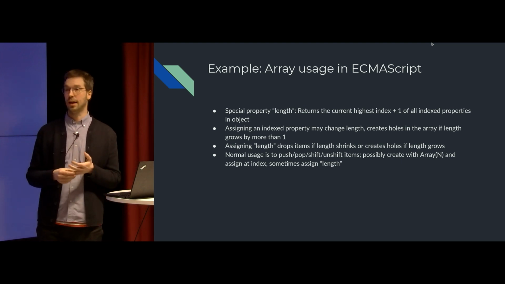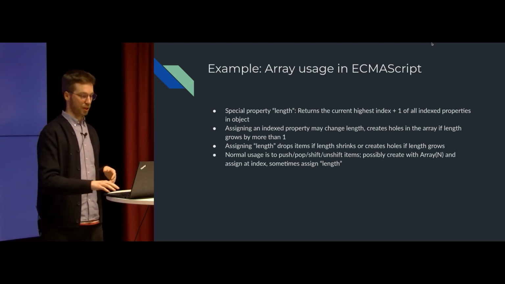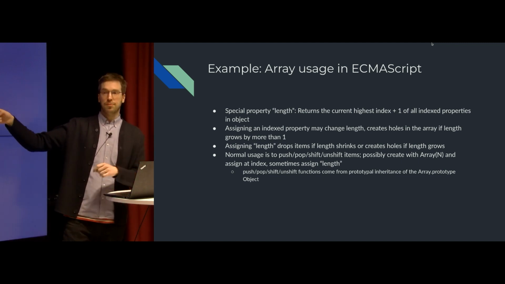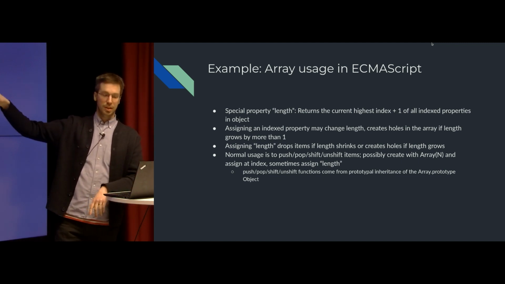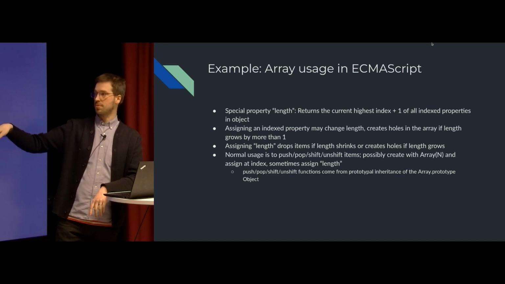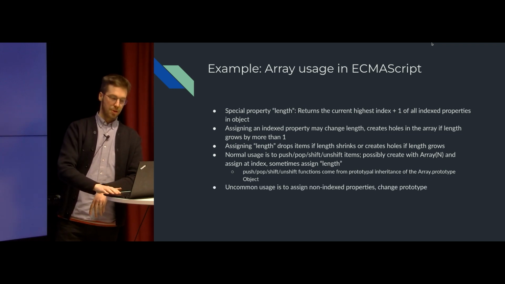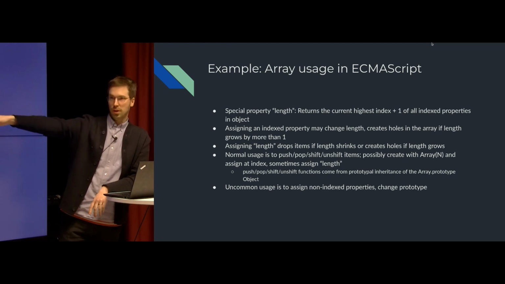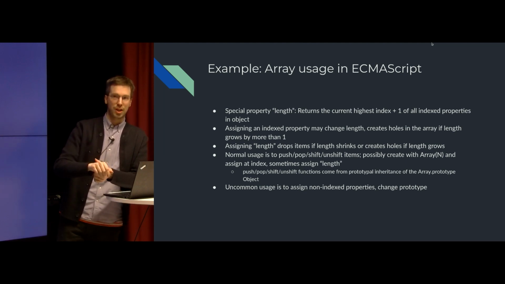Sometimes you might assign length to, for instance, empty out an array. The push, pop, unshift, shift functions come from the prototypal inheritance. It's uncommon to put non-indexed properties into an array or to change the prototype. If you change the prototype, you're going to lose push, pop, shift, unshift, unless the prototype that you changed to also implements those. But then, what are you doing?